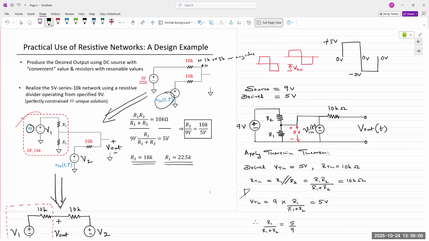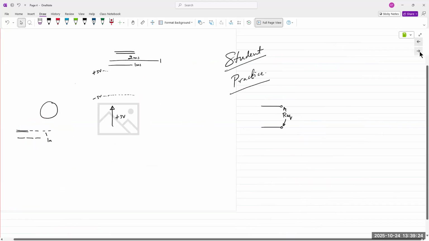If you only have a 9-volt source and you wish to obtain 5 volts from it, how do you accomplish that? What do you need to do? That's where the red box comes in. And that was the portion about the Thevenin voltage and the Thevenin resistance. That was all of this analysis right there.